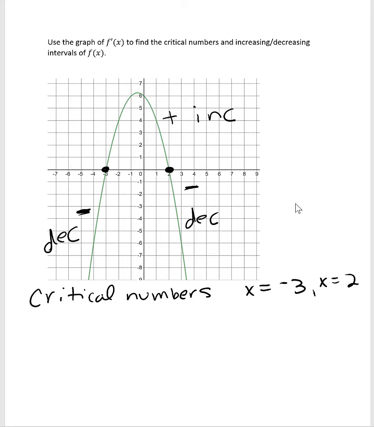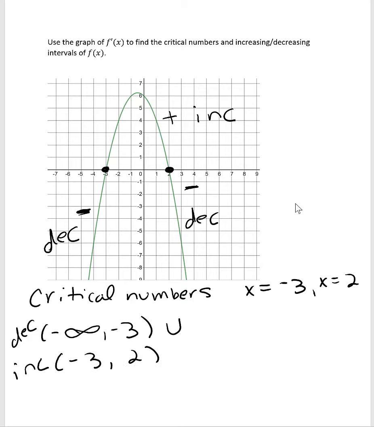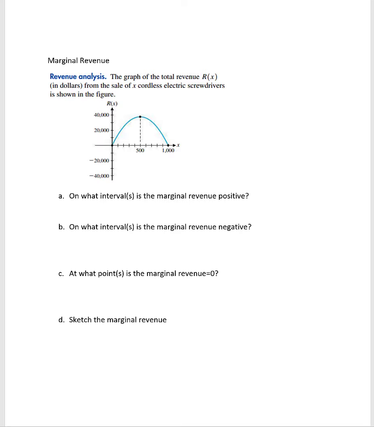So what do I know? From negative infinity until it gets to -3, this function was decreasing. Then from -3 over to 2, it was increasing, and then from 2 to infinity, it was decreasing again. Let's put that together with some application.